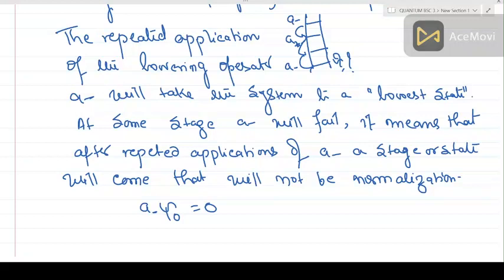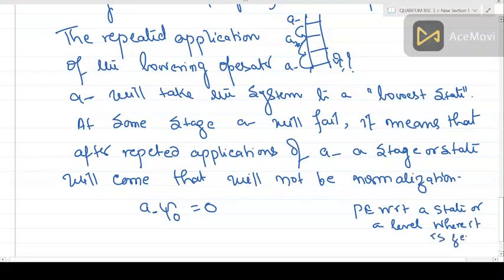If you still have difficulty in understanding, concentrate on what I am saying: when you define potential energy, you define it with respect to a level where it is 0.